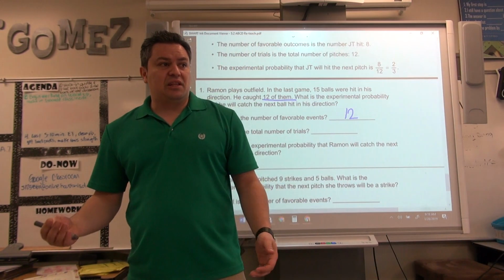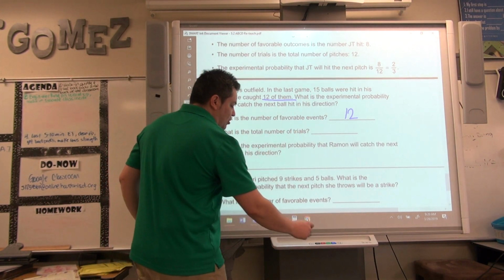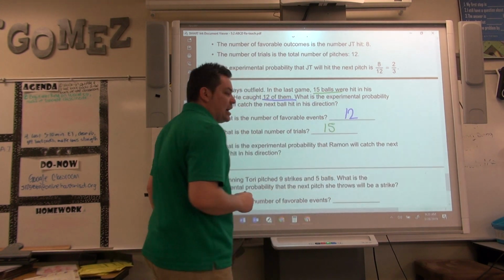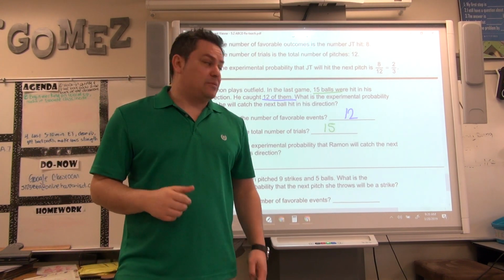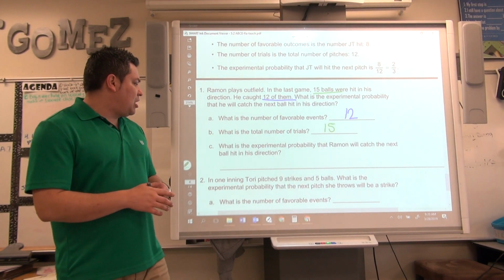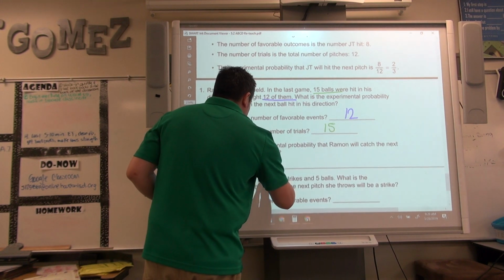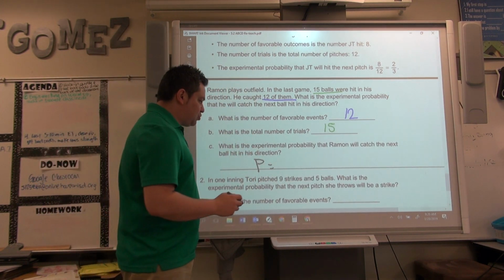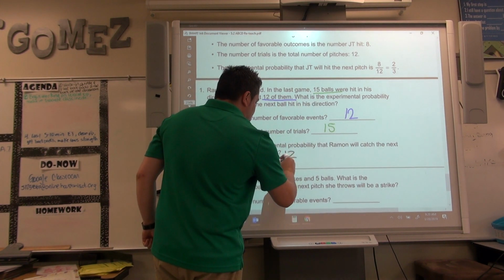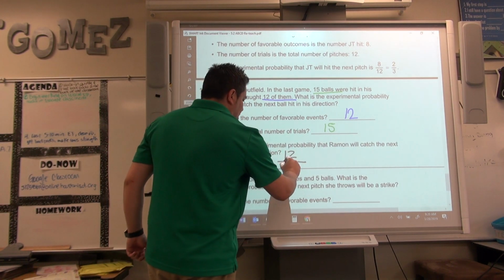Now, how many times did the ball go into his direction? 15 times. That's going to be the total number of trials. So 15 times the ball was going in his direction, and he got it 12 times. What is the experimental probability that Ramon would catch the next ball hit in his direction? Again, probability is the number of favorable events, 12, divided by the total number of trials, 15.